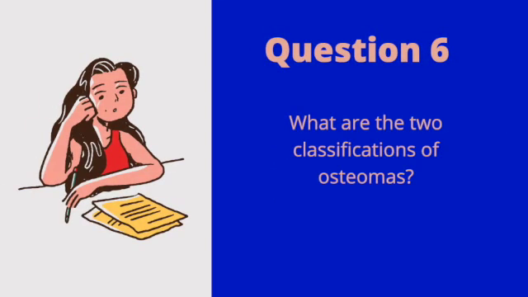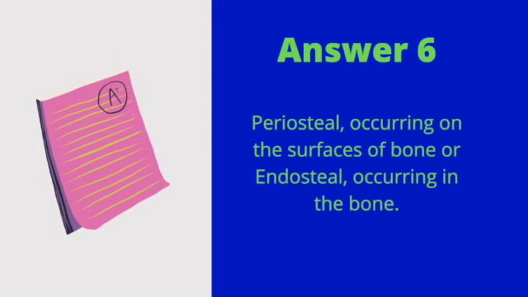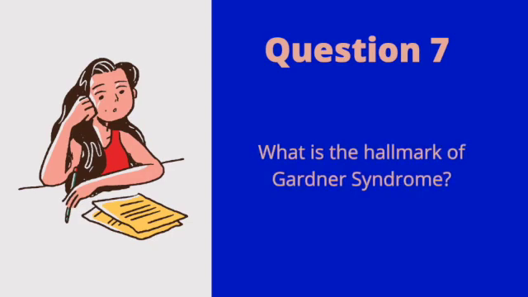Question 6. What are the two classifications of osteomas? Periosteal, occurring on the surfaces of bone, or endosteal, occurring in the bone. Question 7. What is the hallmark of Gardner syndrome?